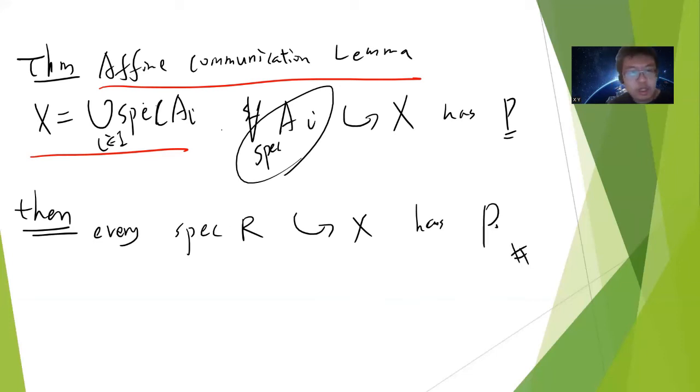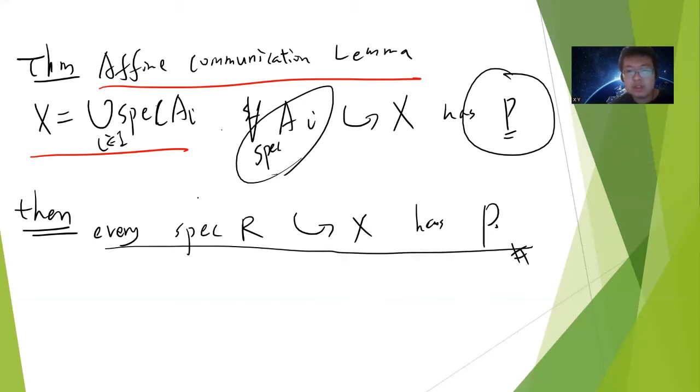This tells you that if you have an affine local property P, and you can prove it on some special affine open cover, then every Spec R, every other affine open cover, will have the property P.